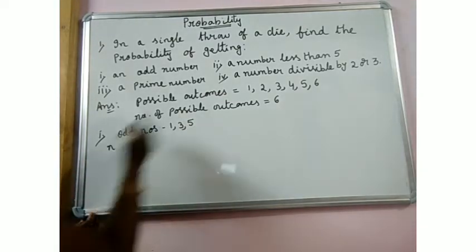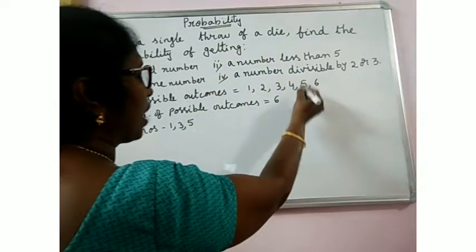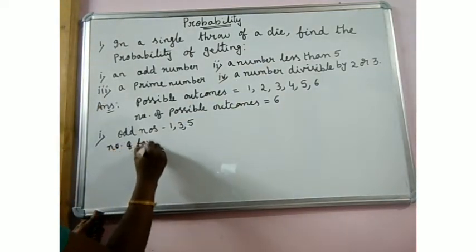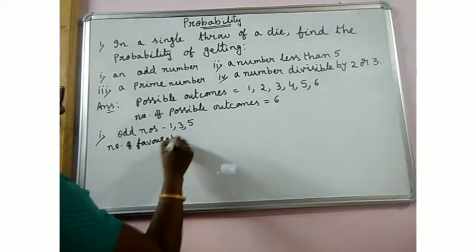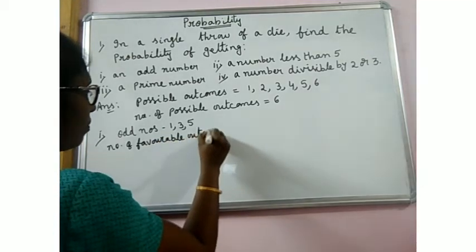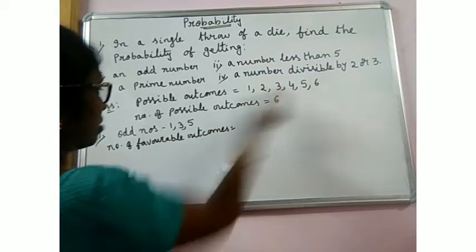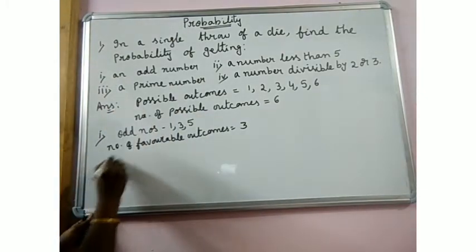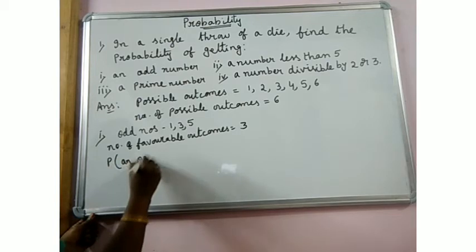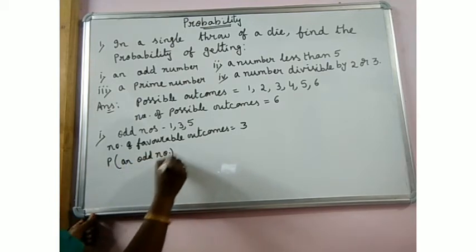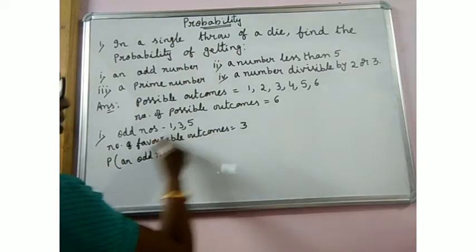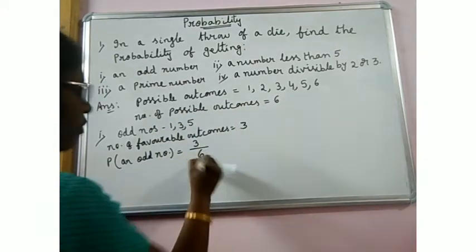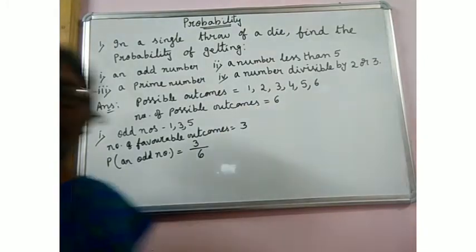So the number of favorable outcomes, out of these 6, is 3. So the probability of getting an odd number is, you know, the number of favorable outcomes by the number of possible outcomes, 3 by 6.